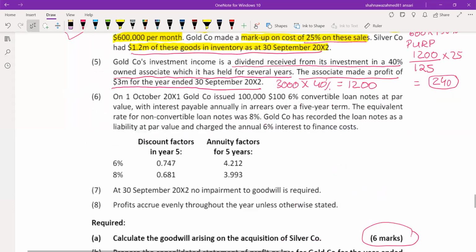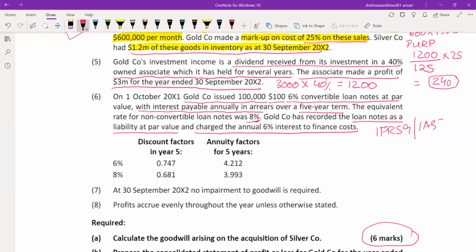Next adjustment. Gold Co. issued $100,000 par value 6% loan notes at par, having interest payable annually in arrears over a 5-year term. The equivalent rate for non-convertible loan notes is 8%, which is the effective rate. Gold Co. has recorded the loan note as a liability at par value and charged the annual 6% rate to finance cost. So it's a typical IFRS 9, IAS 32 adjustment.